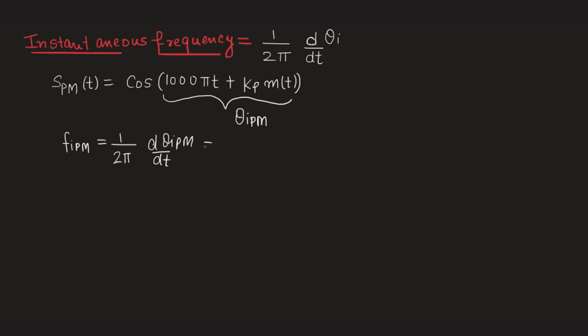Now we can substitute the above angle in this equation. We need to differentiate this equation once with respect to t.